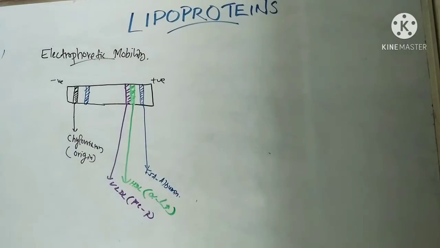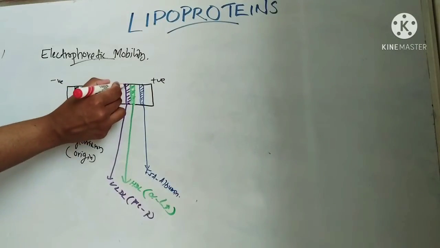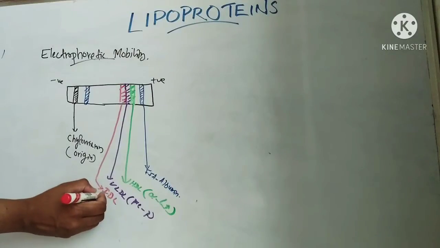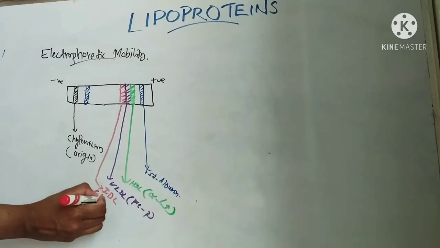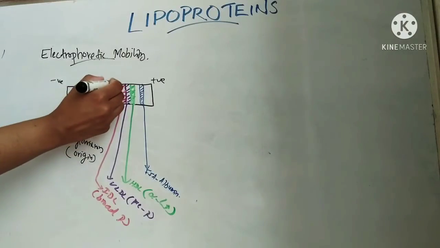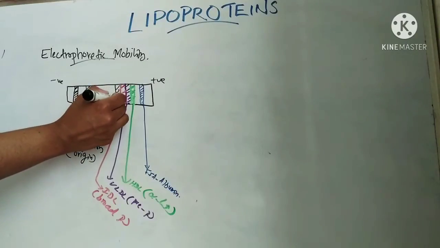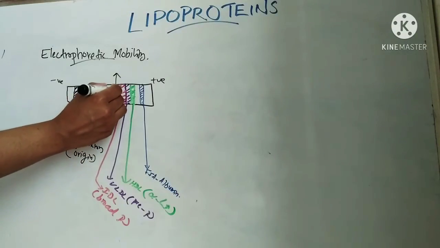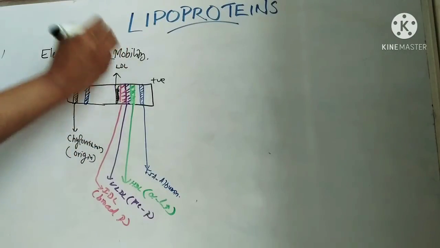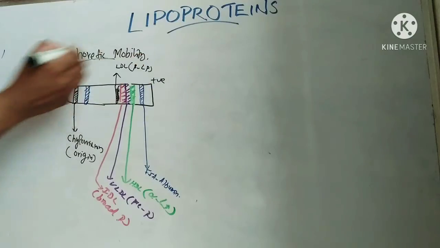Next one is IDL, which is known as broad beta lipoprotein. Then here comes LDL, which is known as beta lipoprotein.